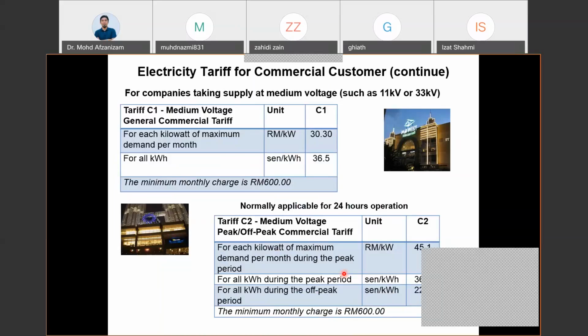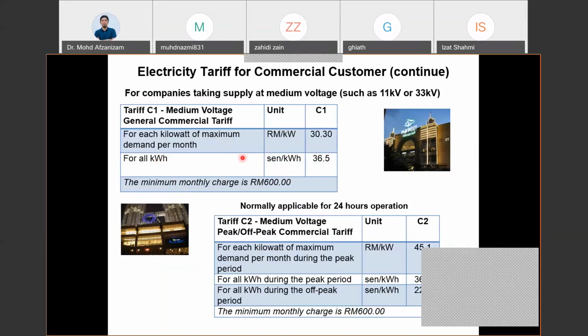But bear in mind, they have one term introduced here, which is maximum demand per month, and the energy costs you 36.5 cent per kilowatt hour, for all kilowatt hour.